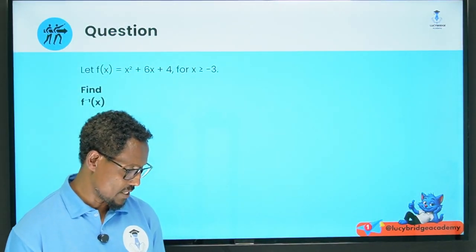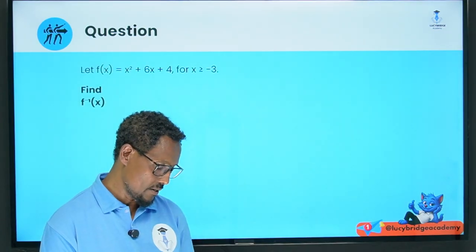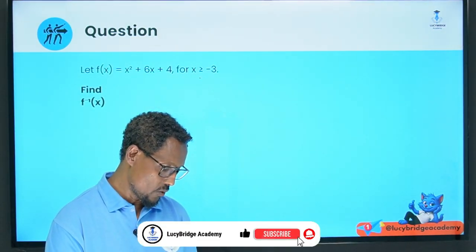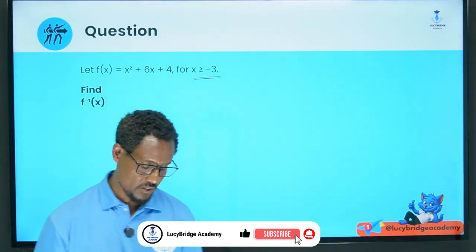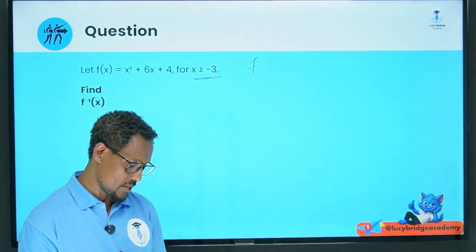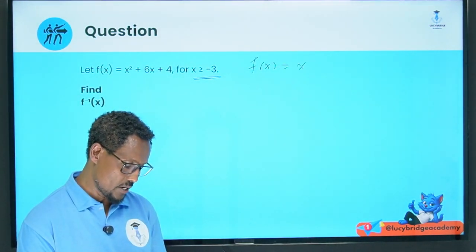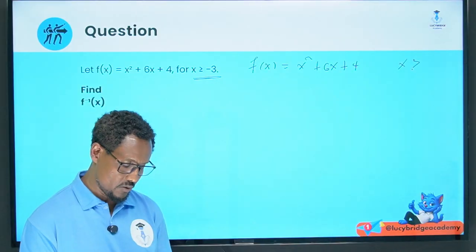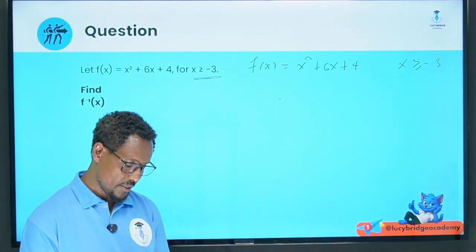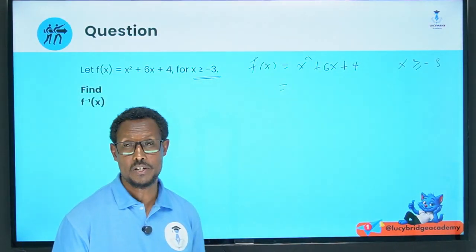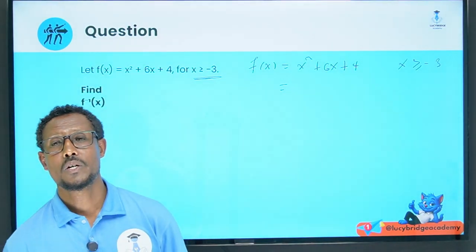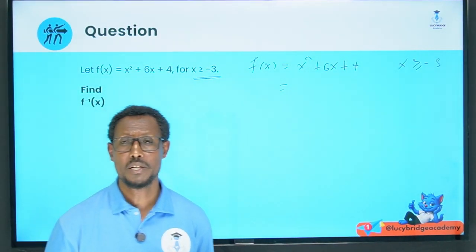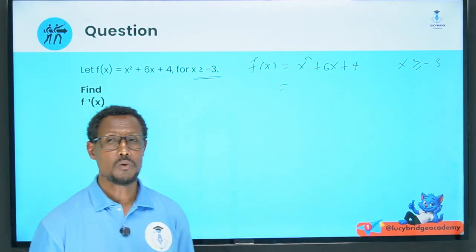Similarly, based on what we did now, we solve this one. The domain is given, which means -b/2a is -3. Now f of x is equal to x squared plus 6x plus 4 for x greater than or equal to -3. Now change this quadratic function into a perfect quadratic expression by using the completing the square method.